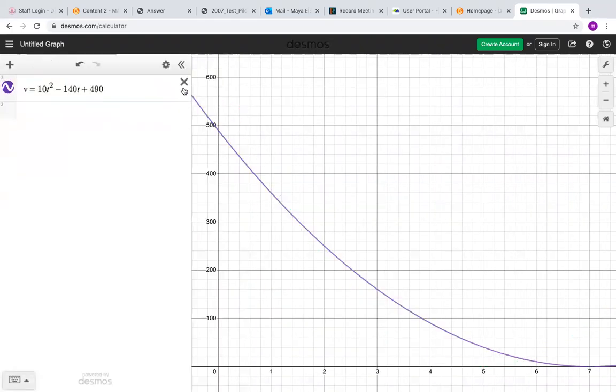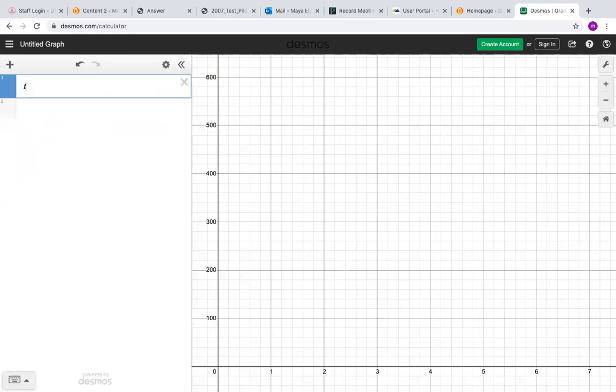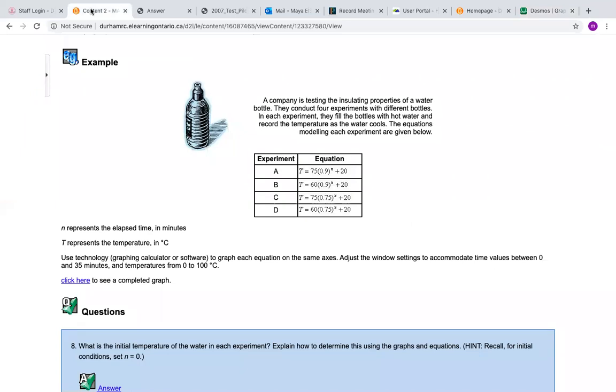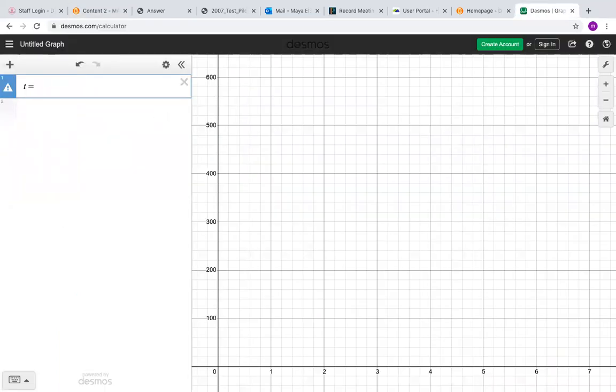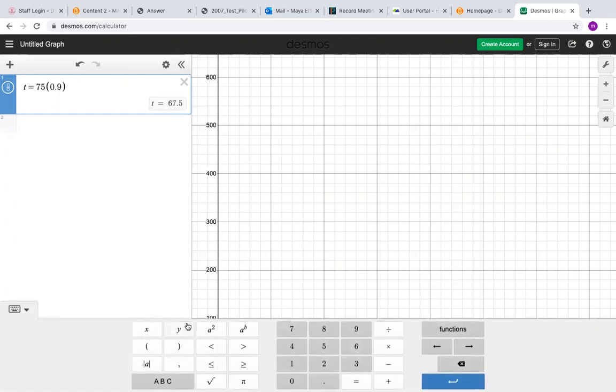So let's erase these graphs. So we have t equals 75 times 0.9 to the power of n. Open bracket, 0.9, and make sure you press that exponent button right here, and then put the n in the exponent, then bring it down by pressing the arrow key, okay?